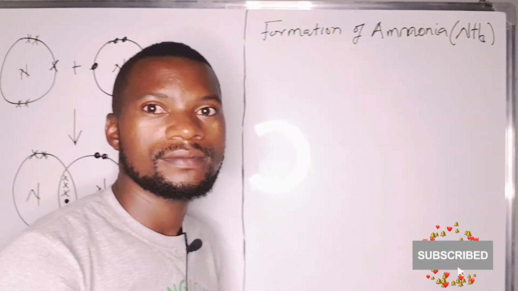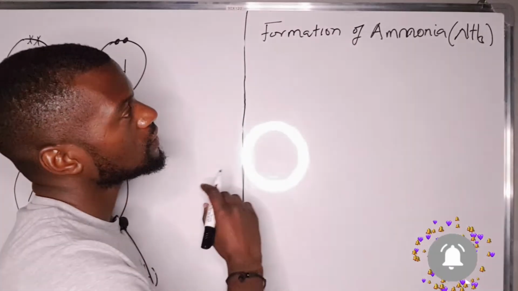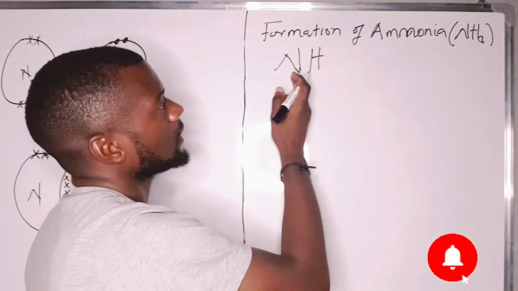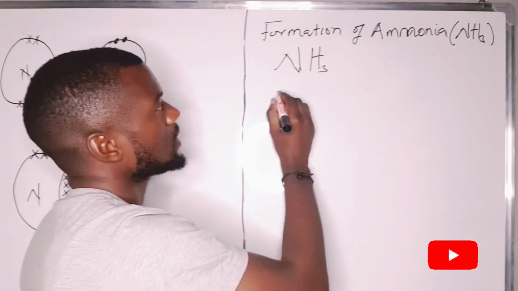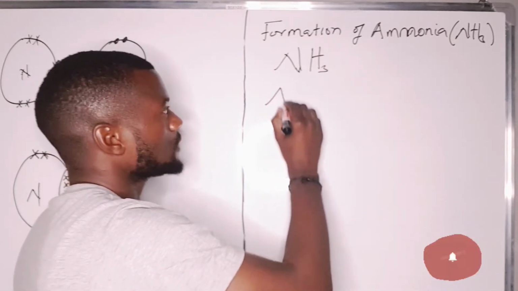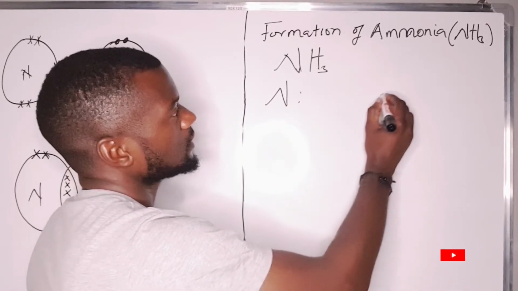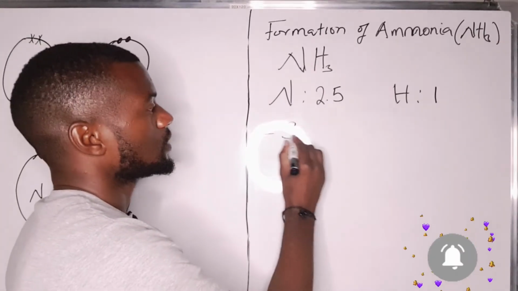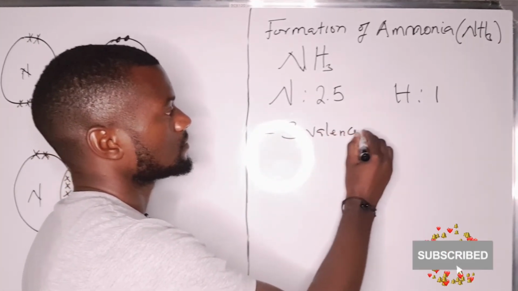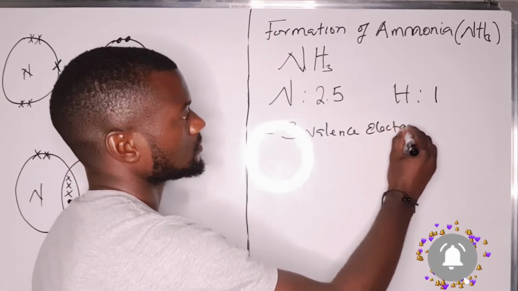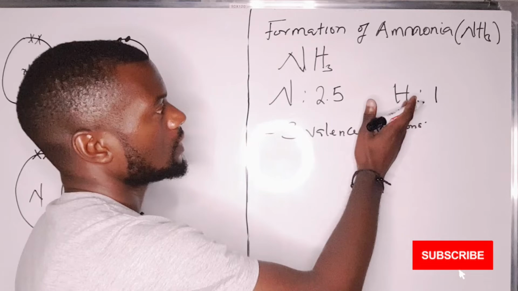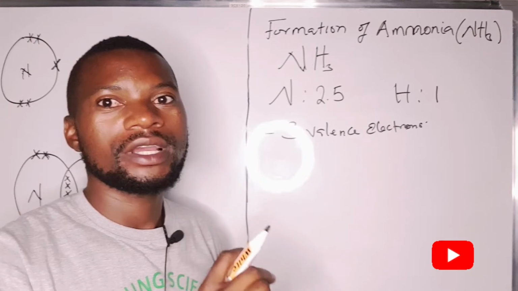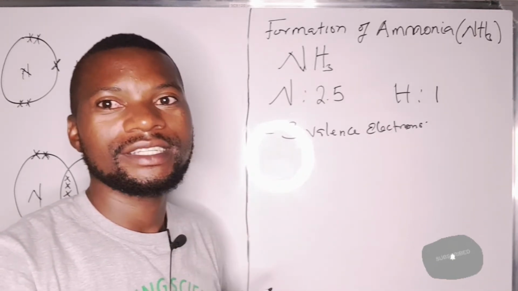The formation of ammonia. So for the formation of ammonia, we have ammonia here, which is NH3, which shows that ammonia consists of 1 atom of nitrogen and 3 atoms of hydrogen. The nitrogen is going to share 3 valence electrons, while each hydrogen atom will share 1 valence electron.